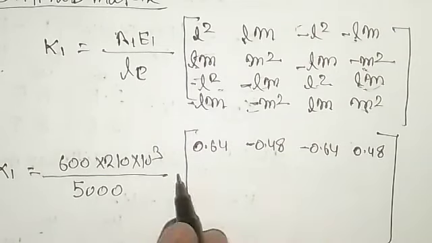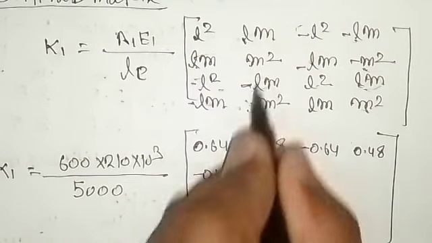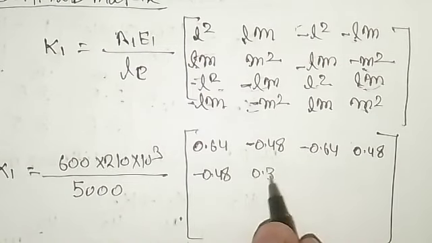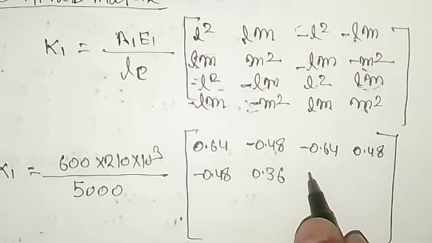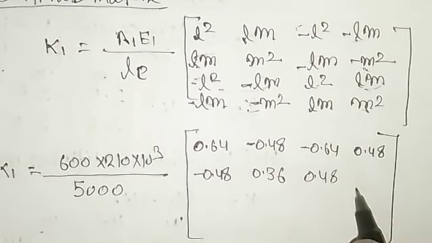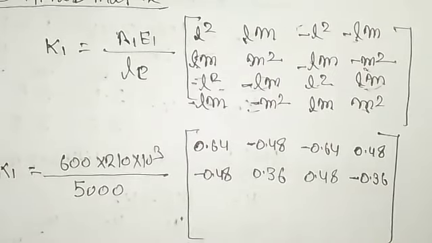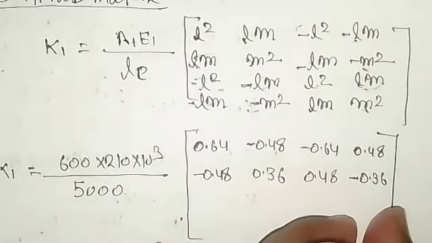The second is lm, which is the same, minus 0.48. M square is 0.36. Minus lm means it is 0.48, because minus becomes plus, and this is minus 0.36. Now you have to replace that. These two terms will come here and this will be here.